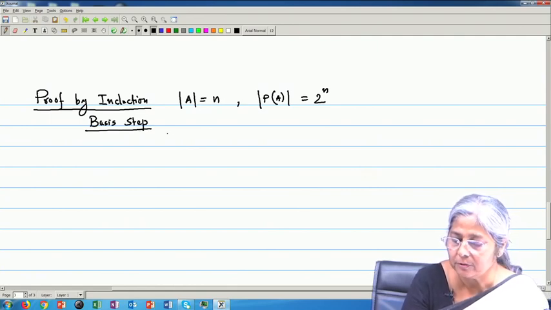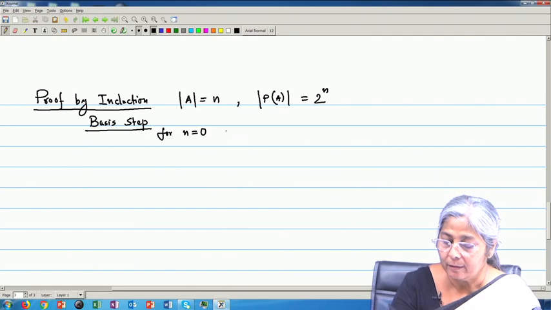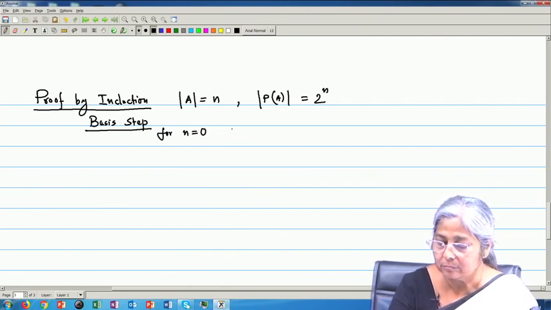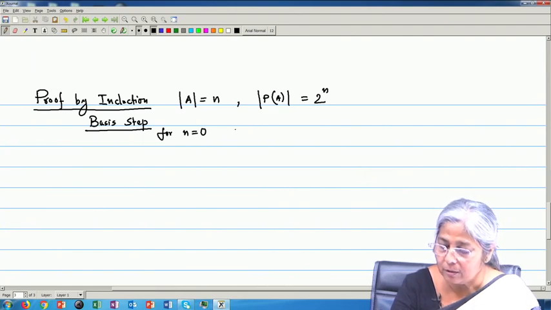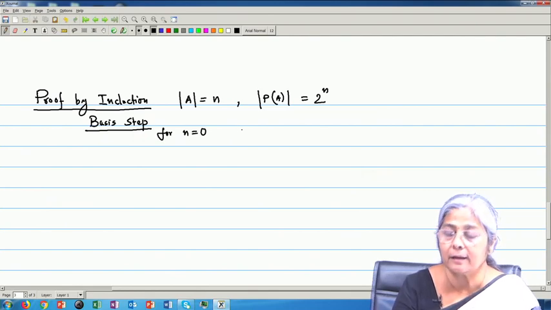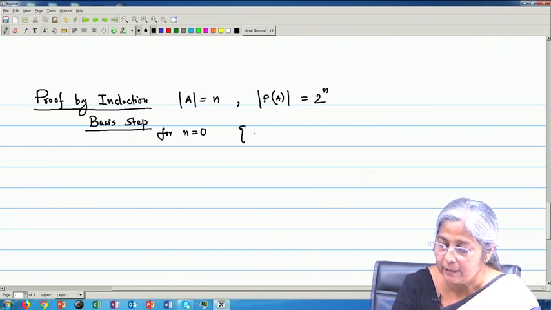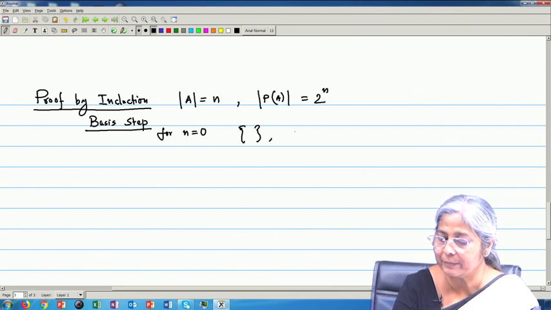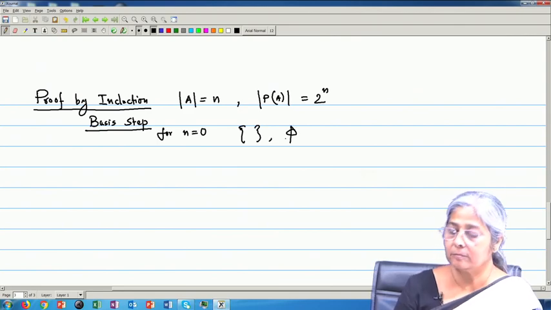For the basis step we consider n equal to 0. What is the power set for n equal to 0? It is only one element, that is the empty set or phi.